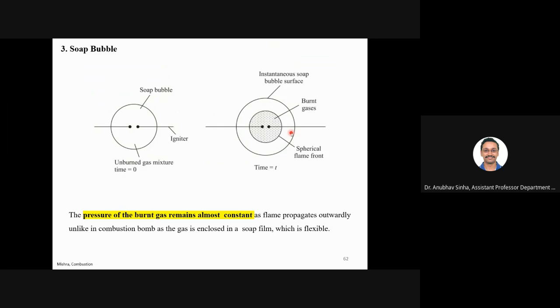Strictly speaking, that may not be true, because surface tension will depend on the radius of the bubble, so it will also change. The pressure inside will slightly change, but to some approximation, I can say that it remains constant. So one major difficulty that we faced in the last example is overcome here. We are maintaining the pressure constant, and then we can measure the flame speed and say this is the flame speed for 1 atmosphere or whatever pressure you are measuring at.